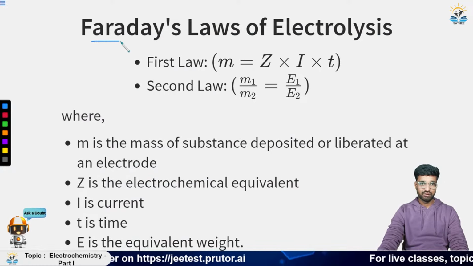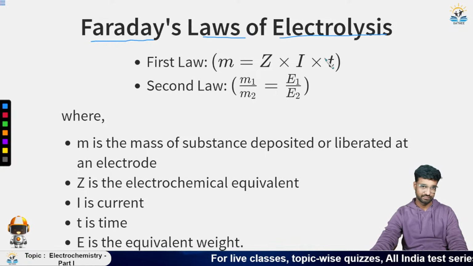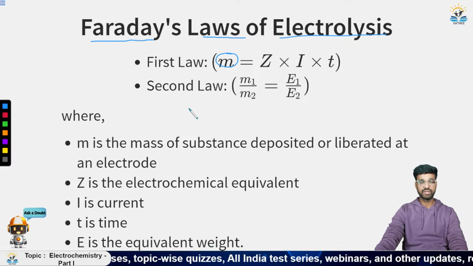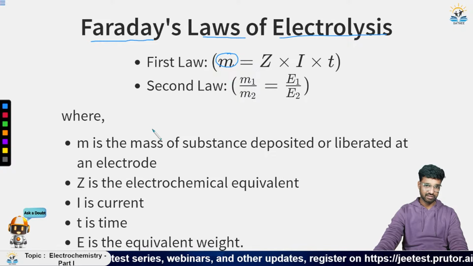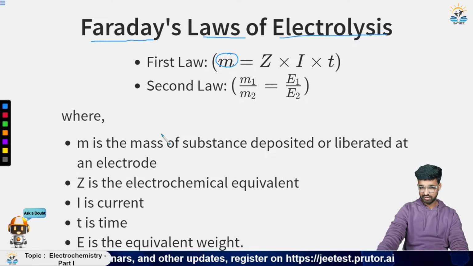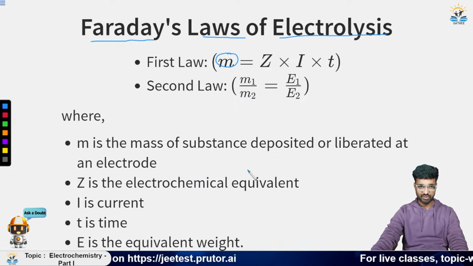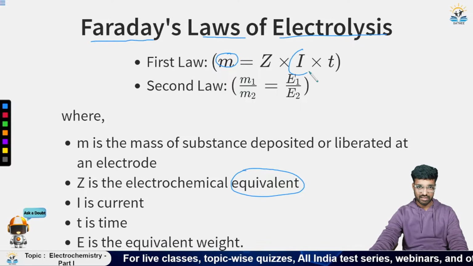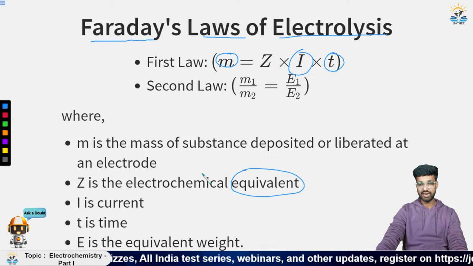Now what is Faraday's law? Questions on Faraday's law are also sometimes asked in the exam, so you should be aware of it. The first law says that the mass of the substance deposited during electrolysis, or any other electrolysis process, is given by Z into I into T, where Z is the electrochemical equivalent, I is the current, and T is the time. So M equals Z I T. When we solve the numericals, we will see what electrochemical equivalence is.